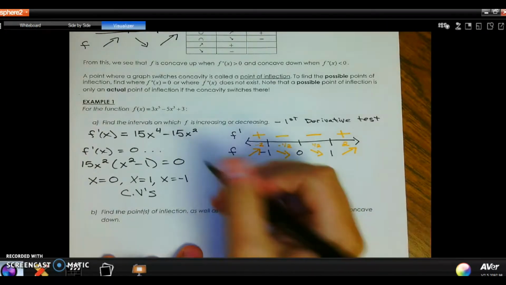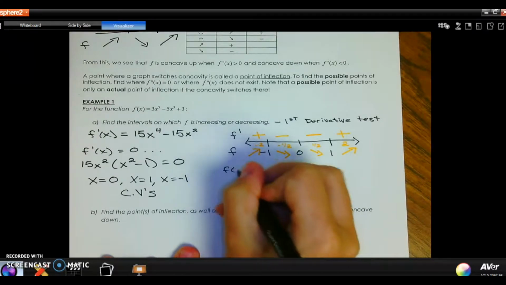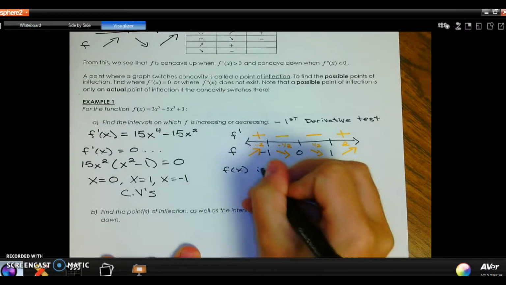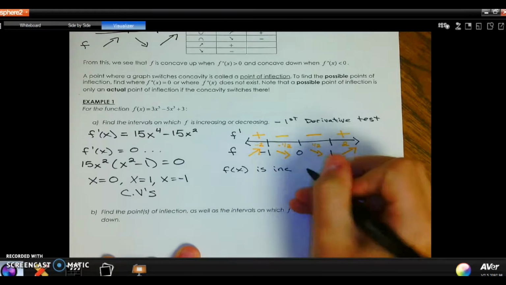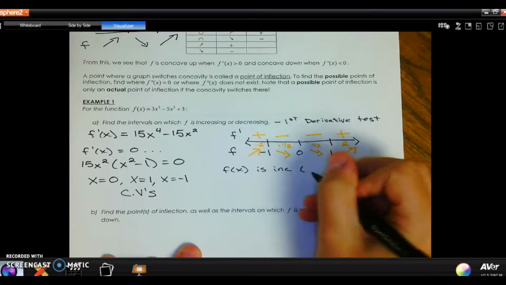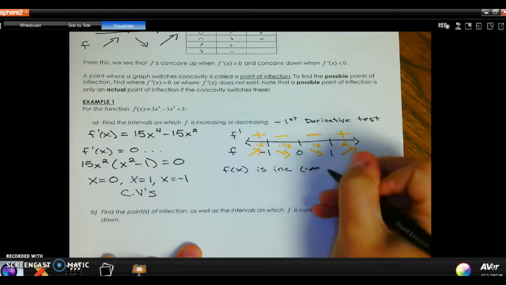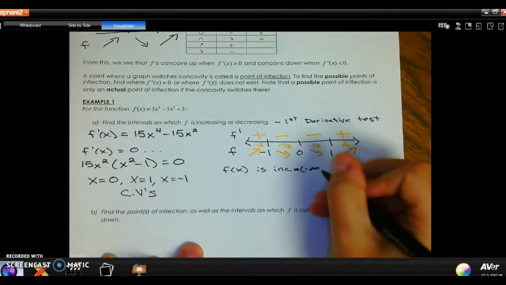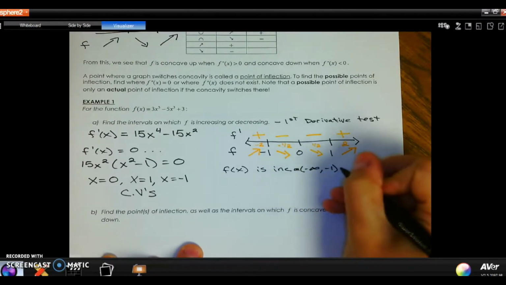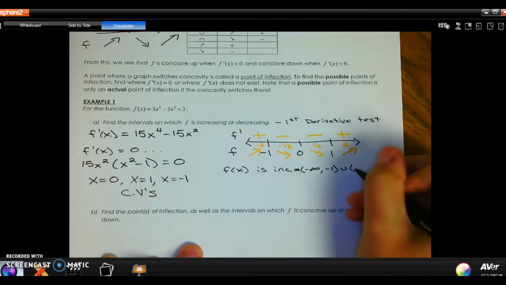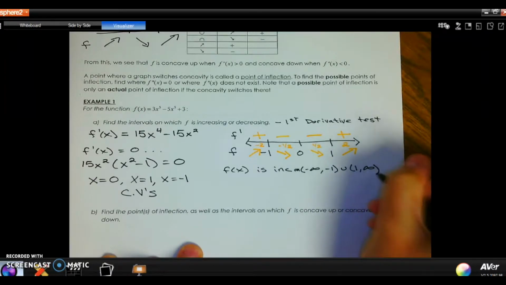So my concluding statement would be something like f of x is increasing on the interval negative infinity to negative 1, union, and then it's increasing again from positive 1 to infinity.